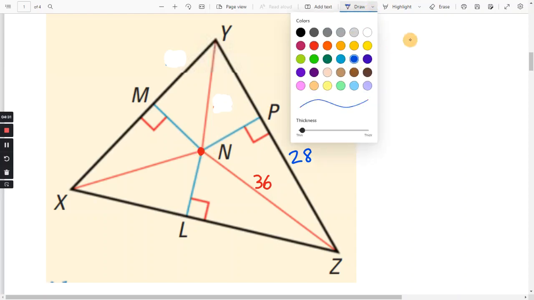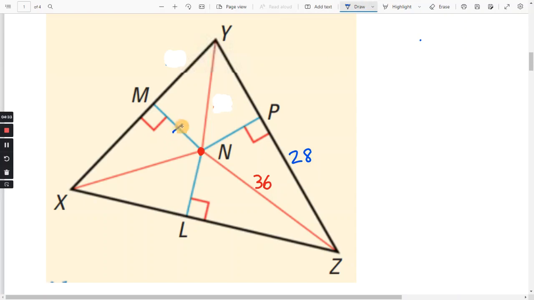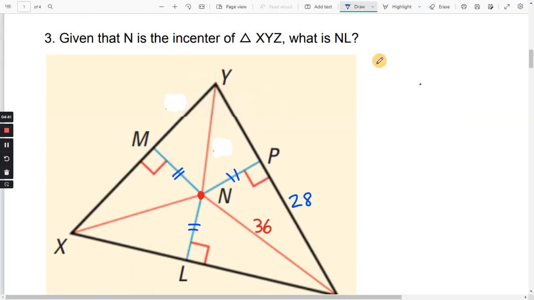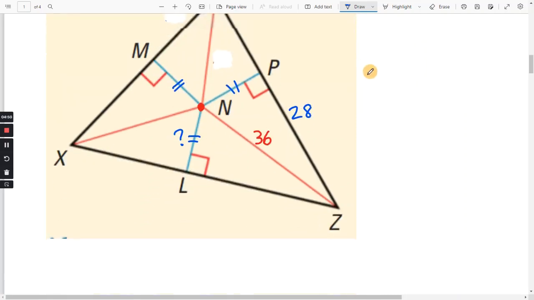So this segment is the same length as this segment and this segment. So if we're looking to find NL, which is this one right here, we can find any one of these blue line segments and it's going to be the same length.